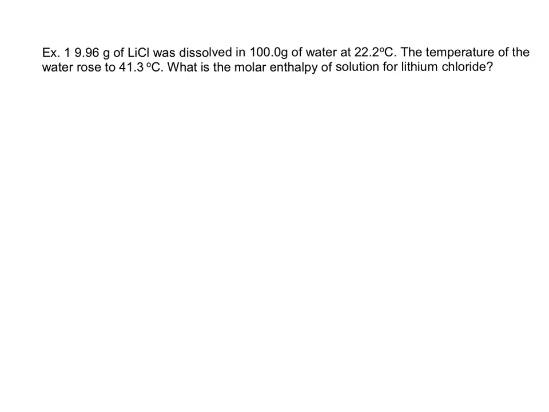All right, what do we have? We have a mass of lithium chloride. Lithium chloride is being dissolved, so that has to do with the system. We have 100 grams of water, and we know the temperature change of the water, so this is the mass involved in the surroundings.